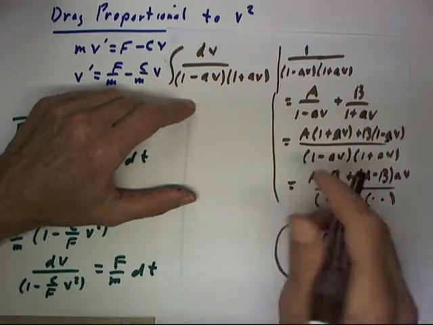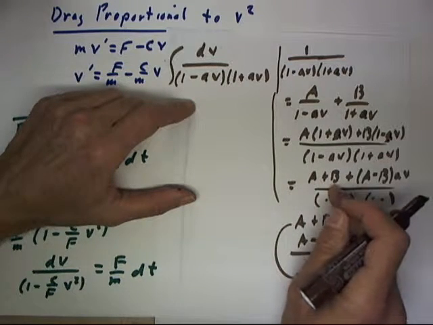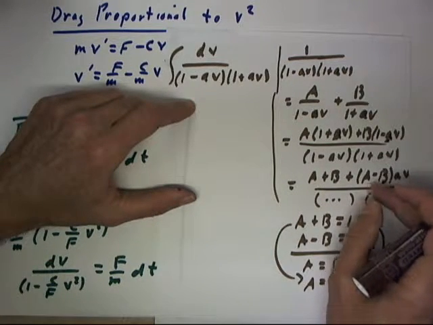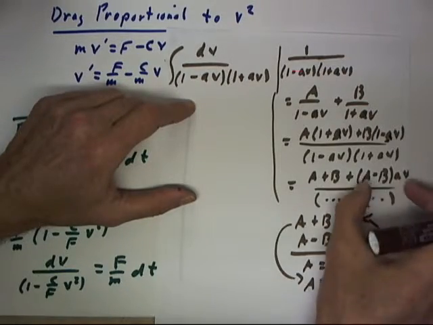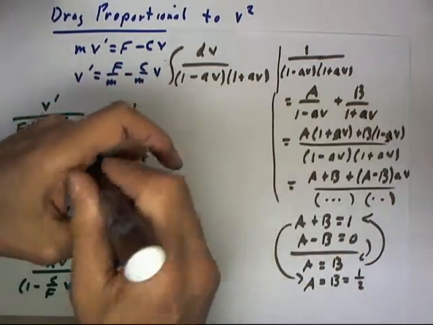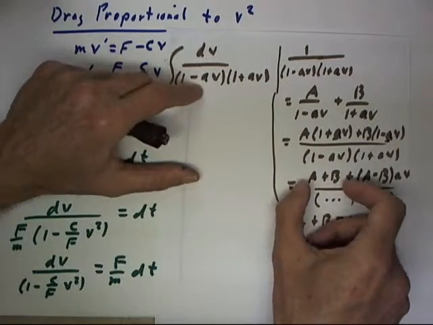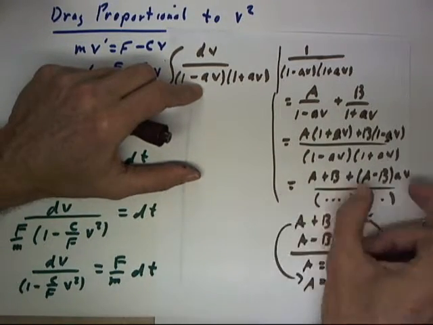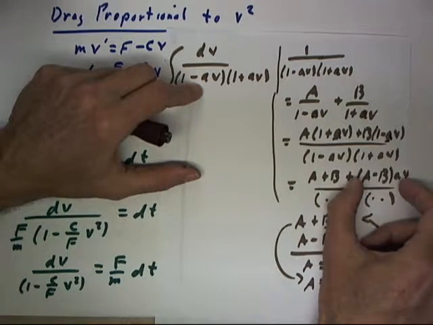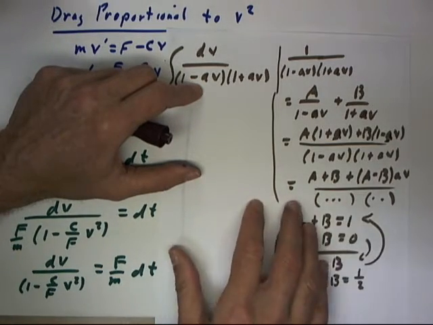This can be rearranged so that we have the A plus B term here and the A minus B term times little a times the v term here. It's important to break it up in this manner because this breaks the numerator of this expression into a constant and another constant multiplied by our variable v.